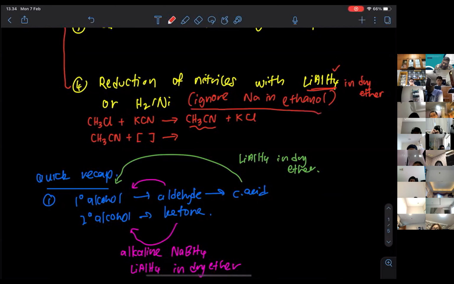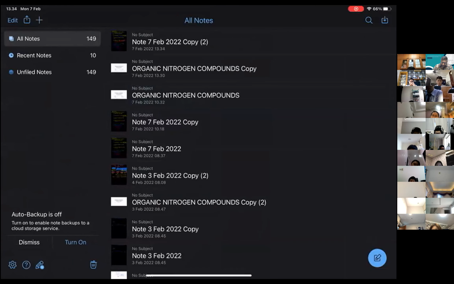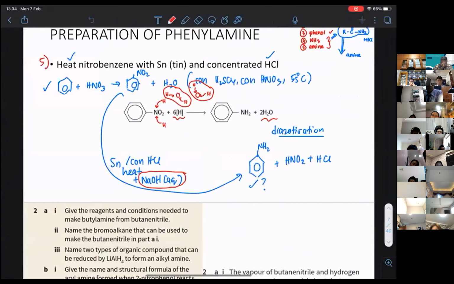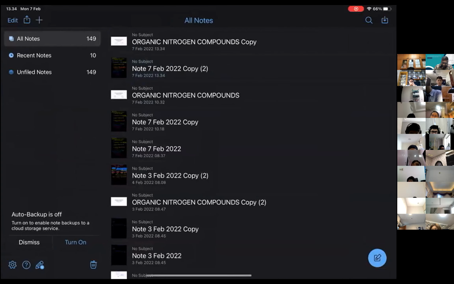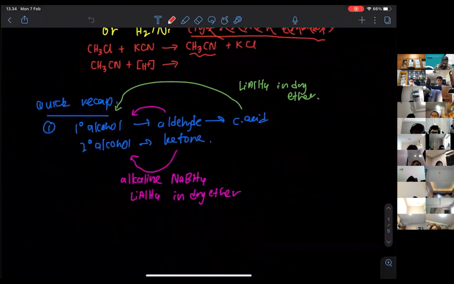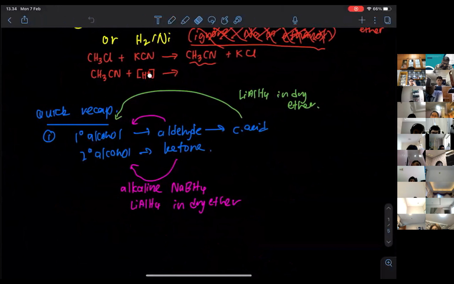Please ignore this one, I don't want to focus on it because it's not in the syllabus now. You use the H. When they write the equation they say H or H plus. Let me check. I think H, so no need to put H plus. So I put H only.